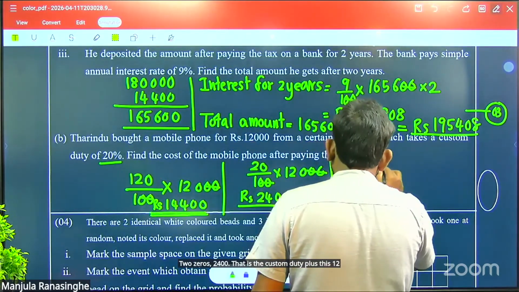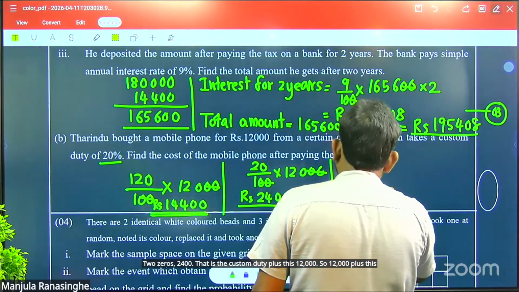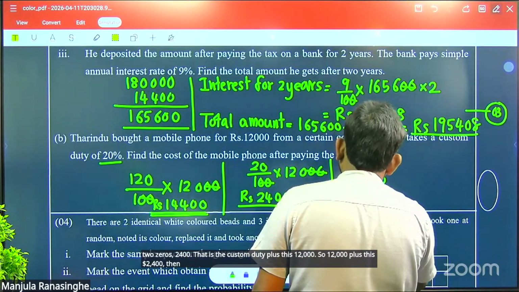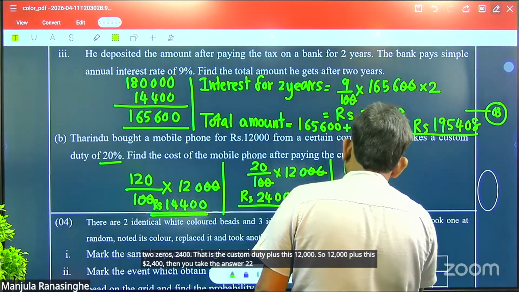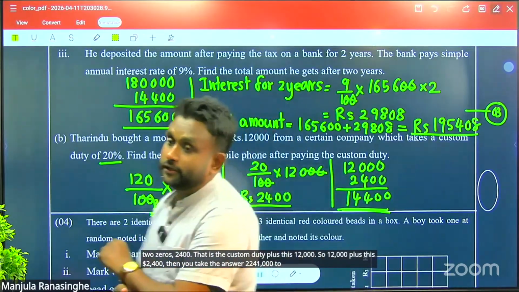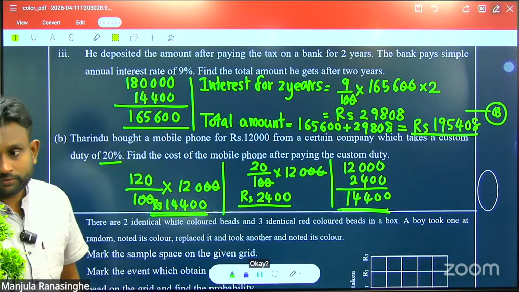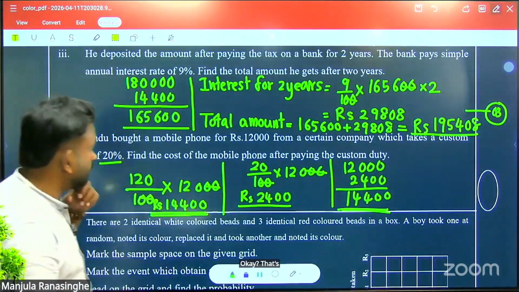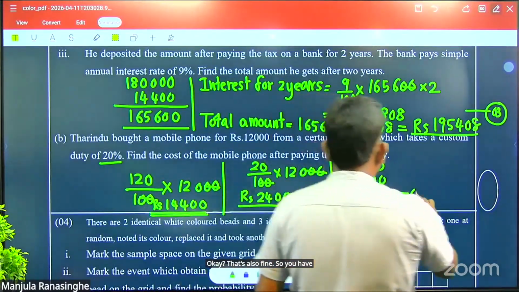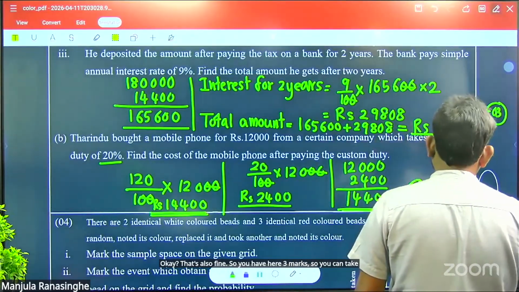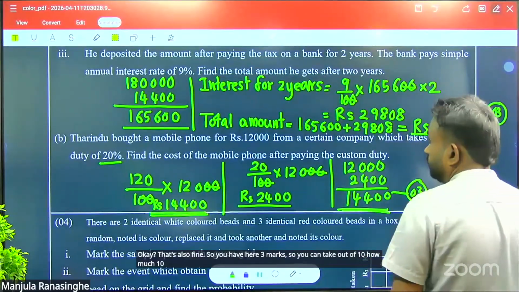So 12,000 plus this 2,400, then you take the answer 14,400. That's also fine. So you have here 3 marks. So you can take out of 10 how much? 10 out of 10 how much?